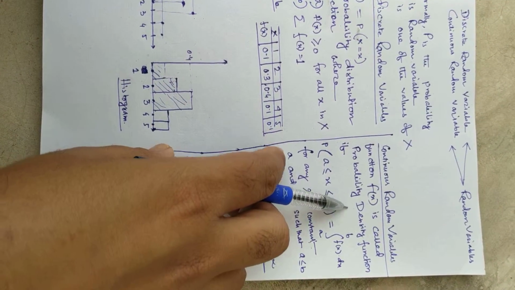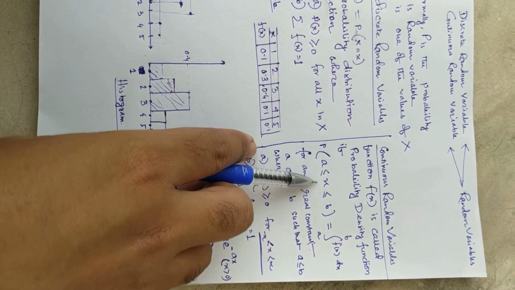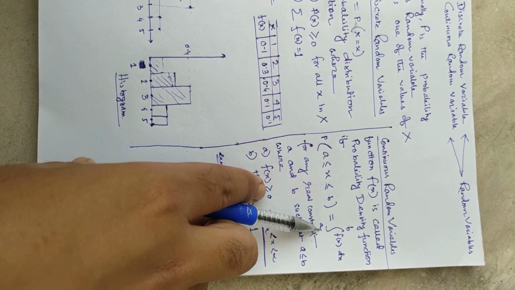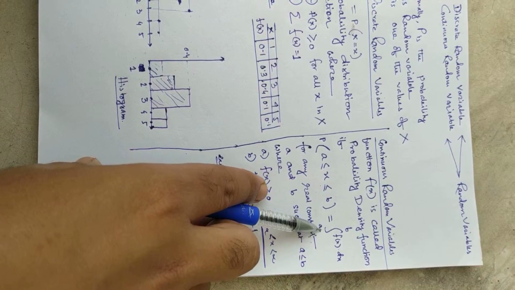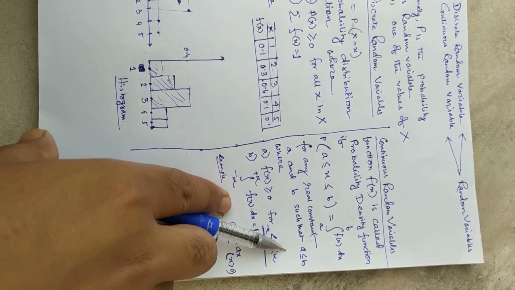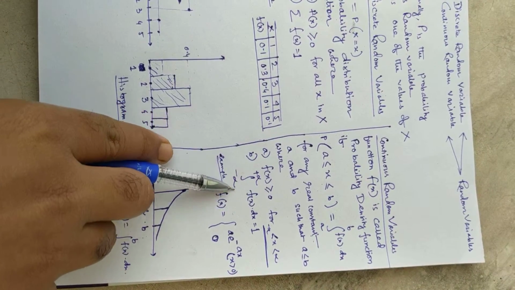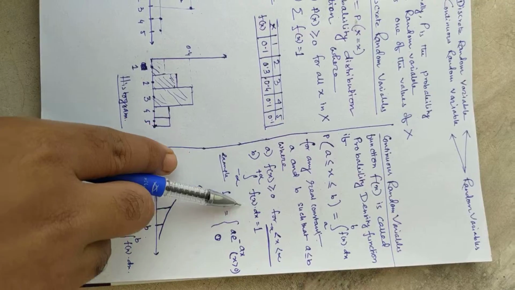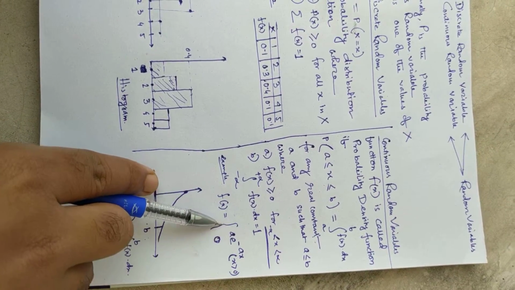In case of the continuous random variable, since it is a continuous function, the density function will be the area, the integration from a to b, where b is greater than a and f(x) is greater than or equal to 0, and the area under the whole curve will be 1, the integral of f(x) dx equals 1.